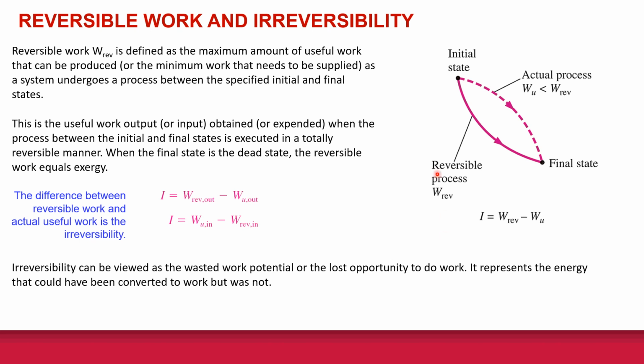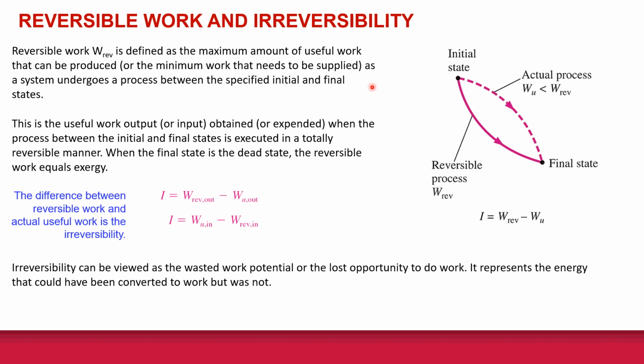There's obviously some association between reversible work and irreversibility. So let's define those terms. The reversible work, abbreviated in our book by W with a little REV, is defined as the maximum amount of useful work that can be produced as the system undergoes a process between some initial state and some final state.